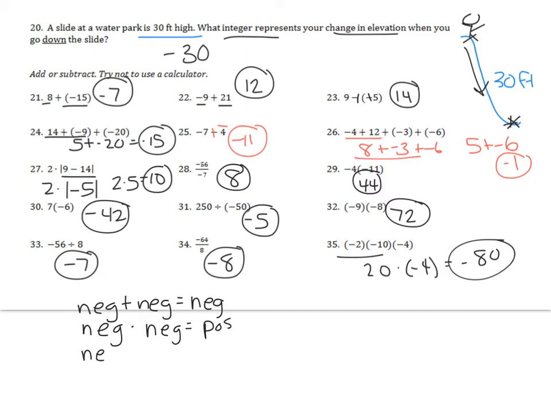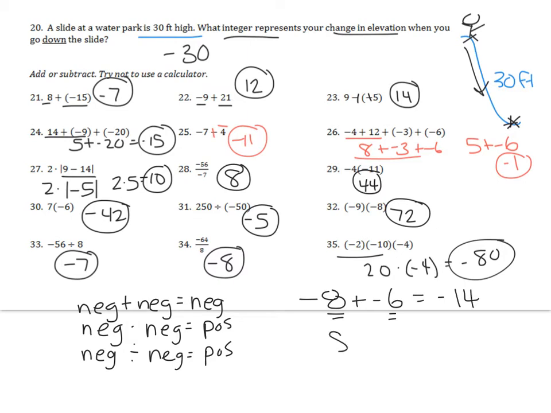A negative divided by a negative is a positive number. When you have two numbers that are the same sign, like negative 8 plus negative 6, you're just going to add the numbers together and put the negative.